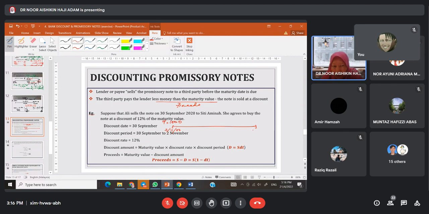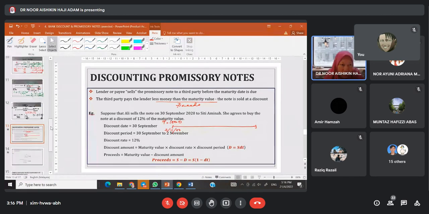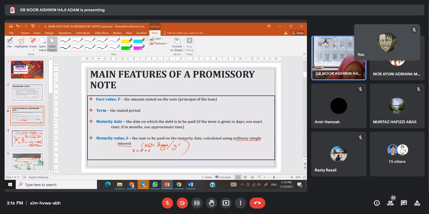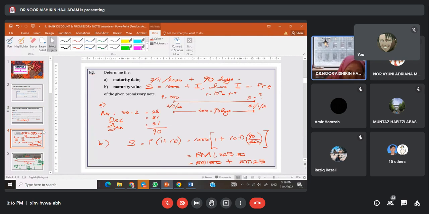Berapa bulan? Kita dah buat itu. You go 2nd November plus 90 days. Saya patut salin balik ni letak kat situ, supaya you ingat balik. Okay. Maturity date.